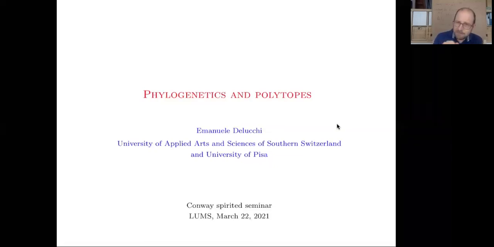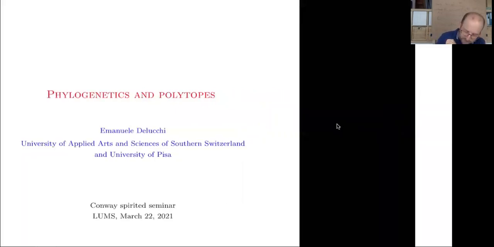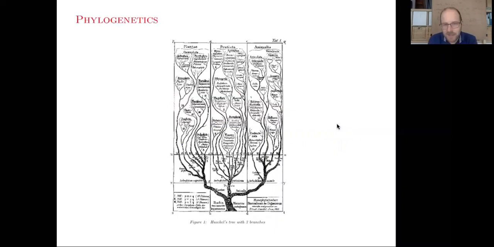So let me start by talking about what the connection with phylogenetics is. Here is the first picture. That's a famous picture from the middle of the 19th century, the so-called tree of life, as Darwinian evolution theories were taking root.